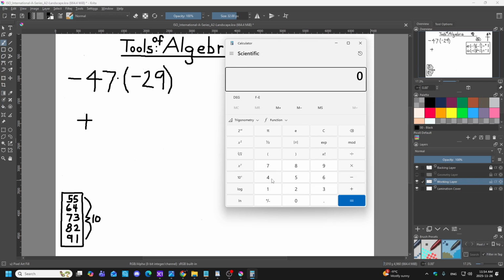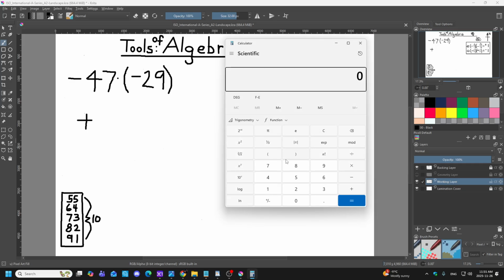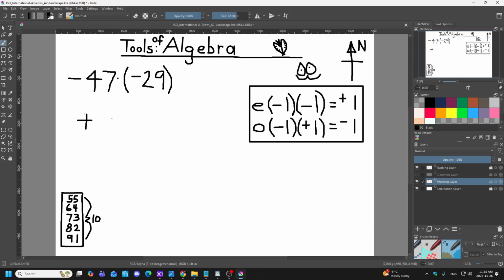47 times 29. Very big number. Did I do that? 47 times 29? Let's double check. It's funny, I feel more confident doing the long work than trusting the calculator. 1363.